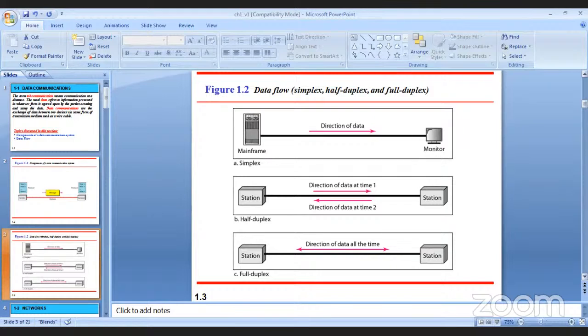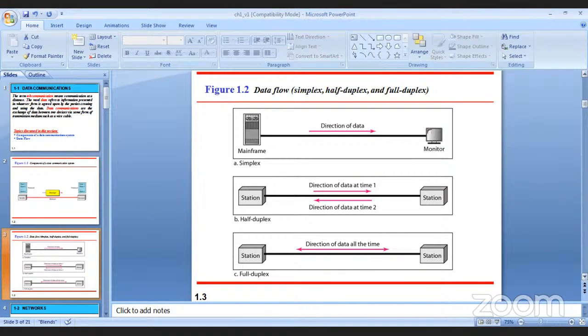Like the flow of data at time 1 and time 2, but not at the same time. Not at the same time, because there will be a collision.